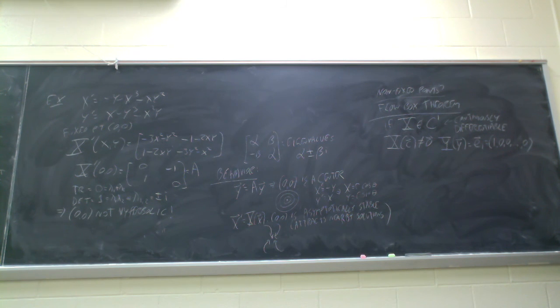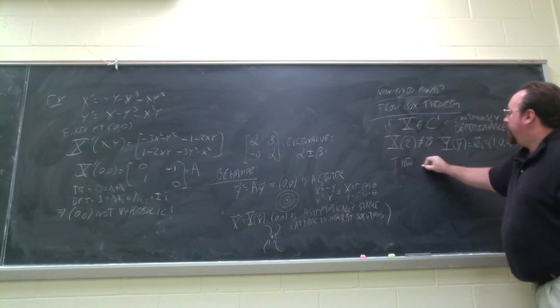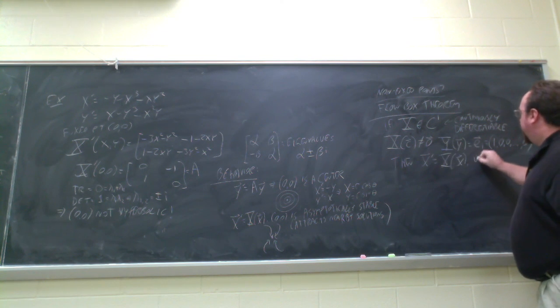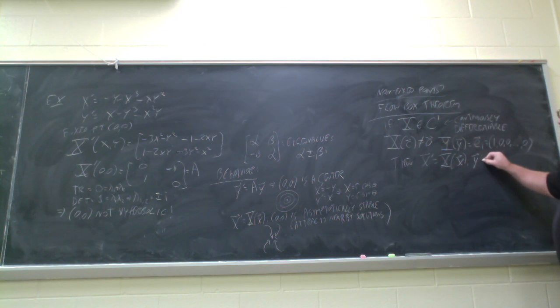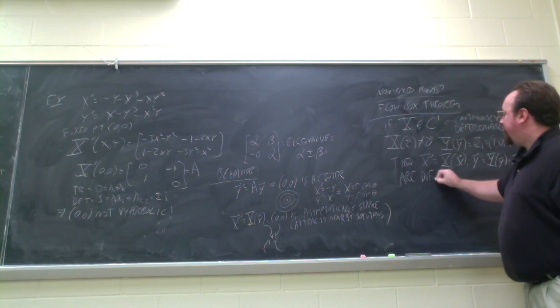So it turns out these systems, x prime is big X of little x, and y prime is big Y of little y, which is this E1, are differentiably equivalent.